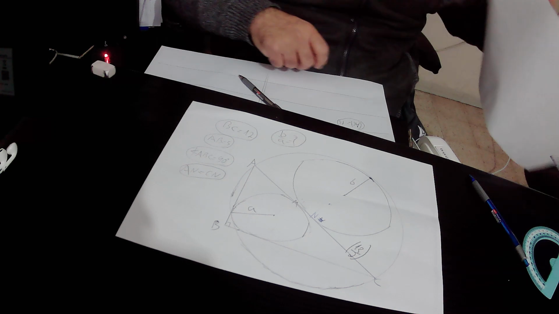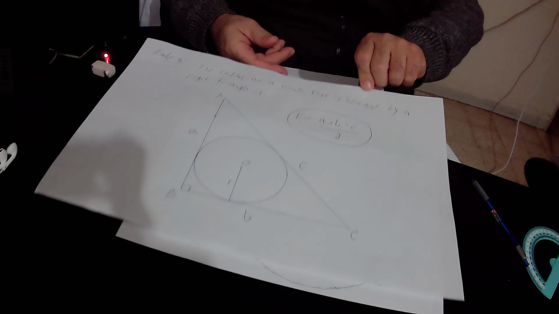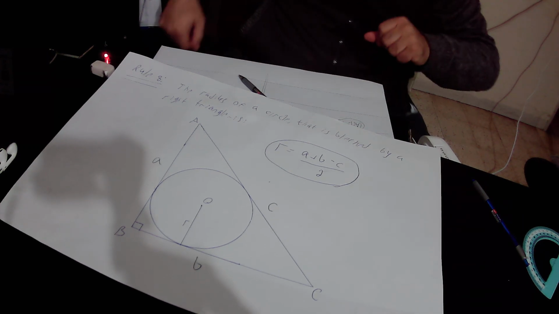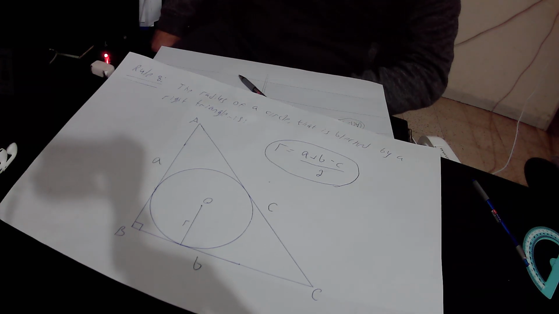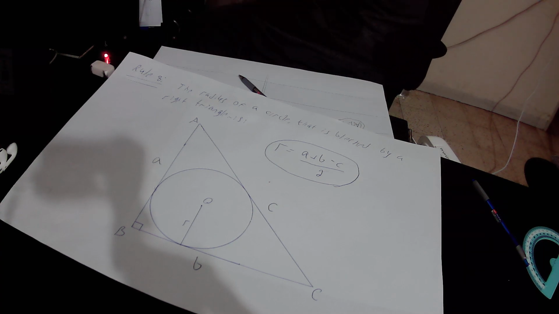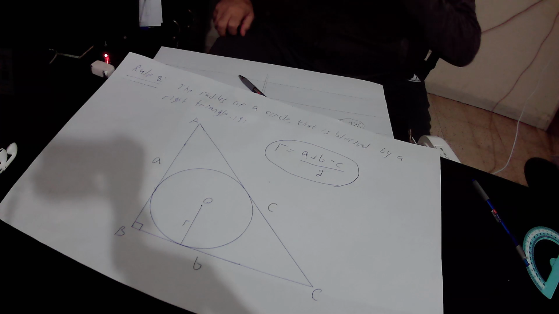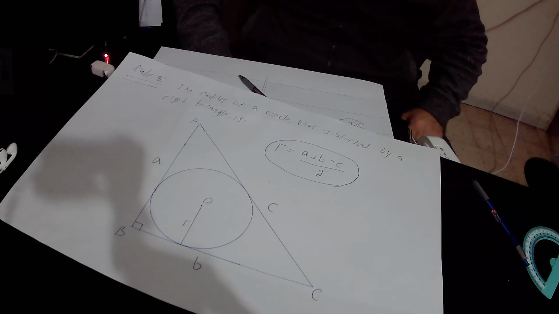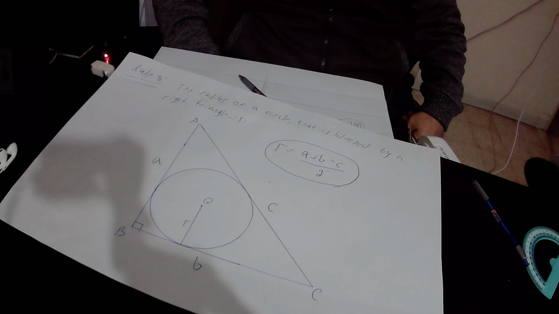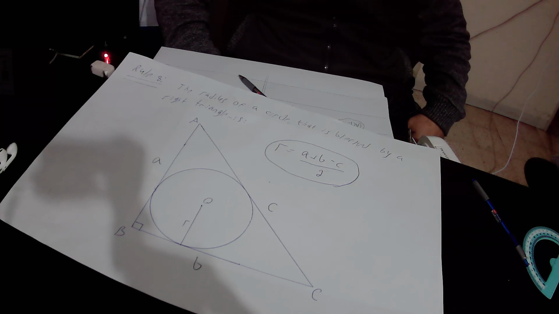According to rule number 8, the radius of a circle that is blocked by a right triangle is equal to R equals A plus B minus C over 2.